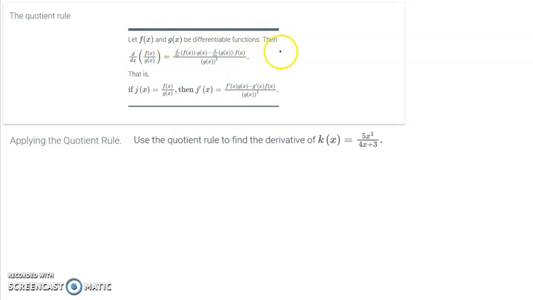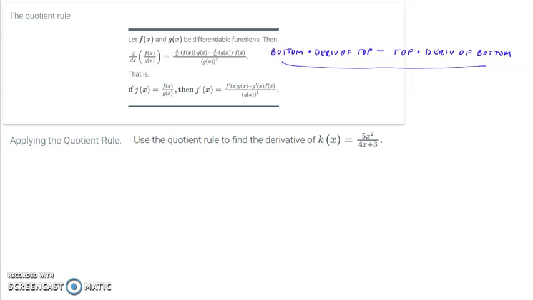In this case, we're going to be taking the bottom, which is our denominator, times the derivative of the top, minus the top times the derivative of the bottom. And all of this is going to be over the bottom squared.